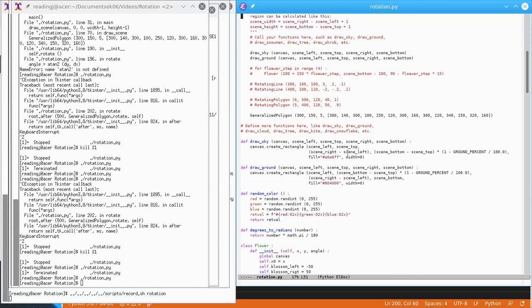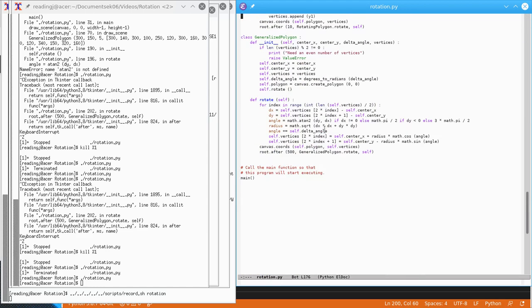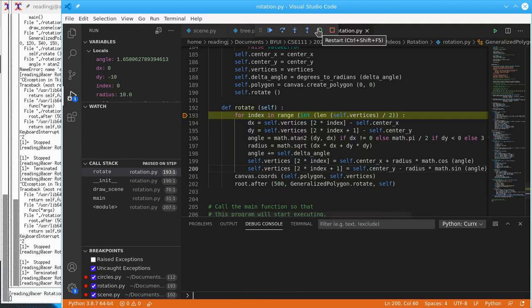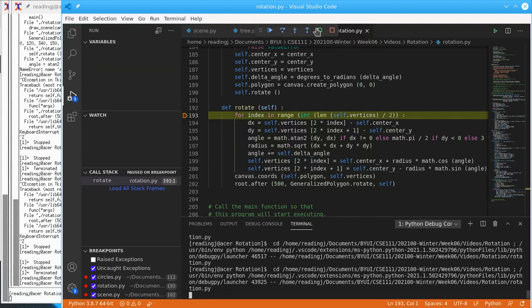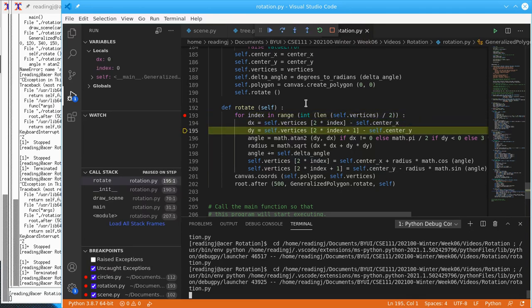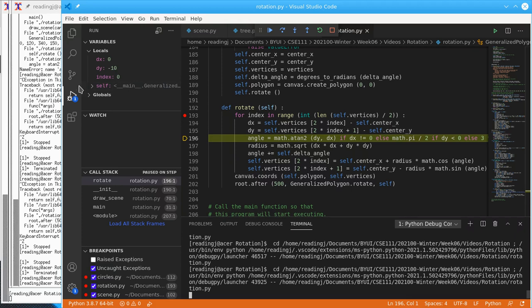What's our rotate step? Was it 5 degrees? 5 degrees, yeah. So we're not there yet. Let's restart this. And self.vertices. Let's see. Vertices 300, 140.